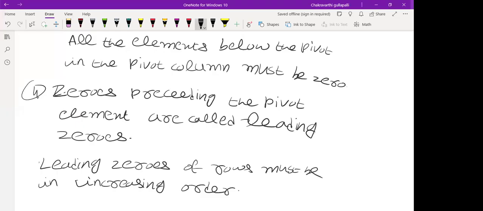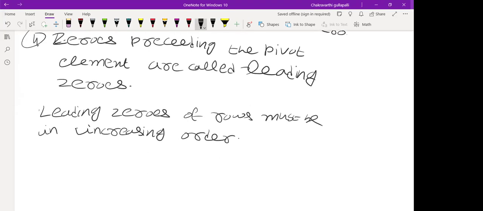As we move from top to bottom, they have to be in increasing order. Then this form is what is called echelon form. The advantage of this form is that the rank of the matrix is defined as the number of non-zero rows.